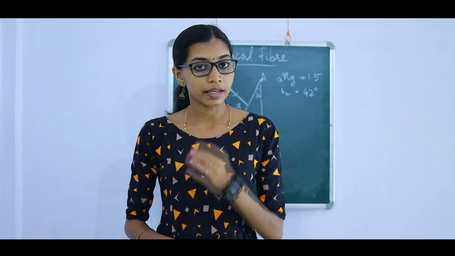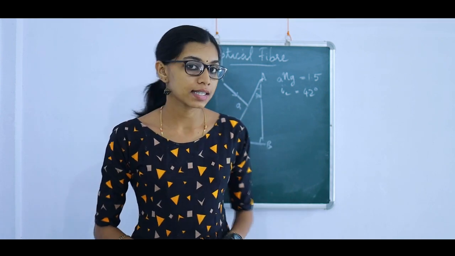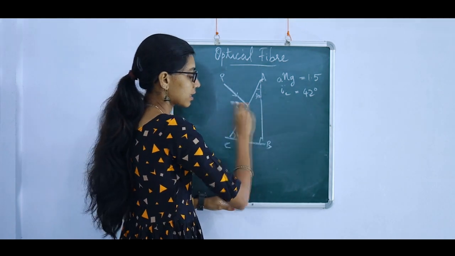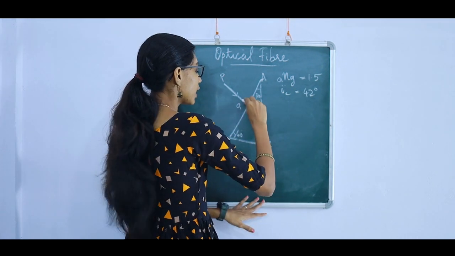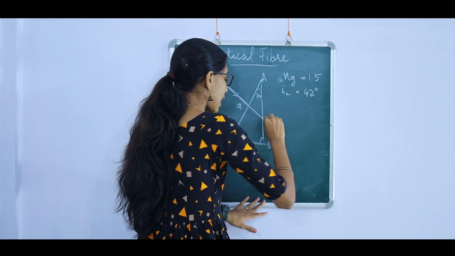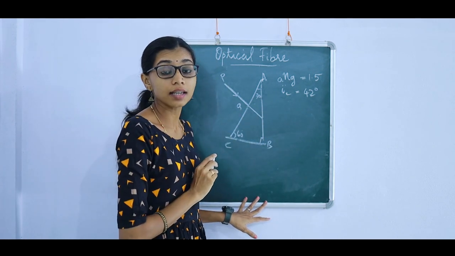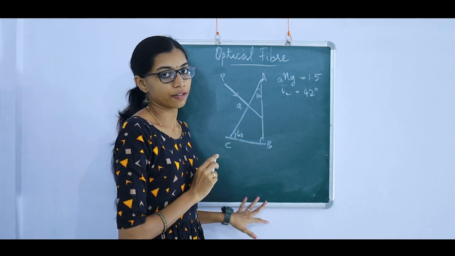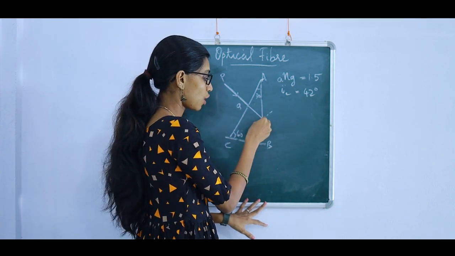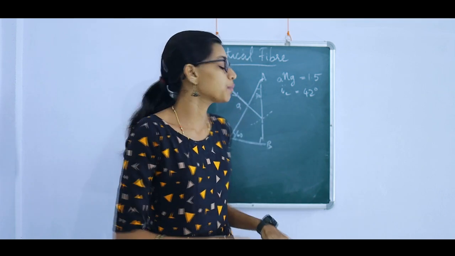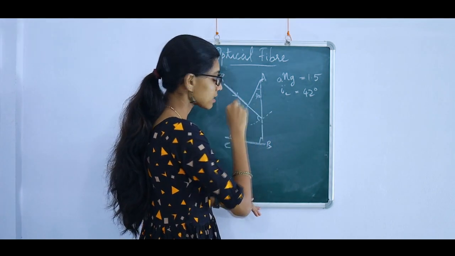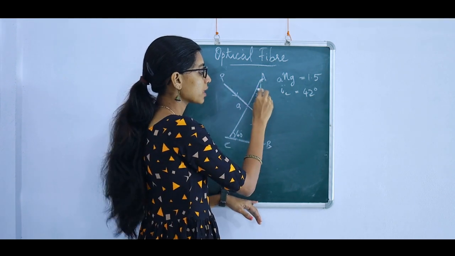Now let's retrace the path of the incident ray. So this is 90 degree. As we know, it will not undergo any deviation. It will go straight and it will hit this second glass air interface. Now we will draw a normal here, and in the last class we had explained what will be the angle between this line and this line, and of course that has to be 30 degree.